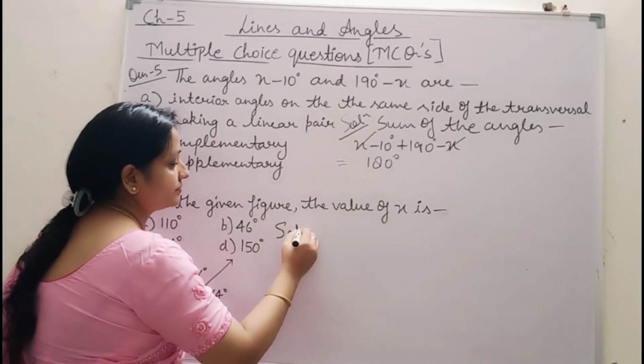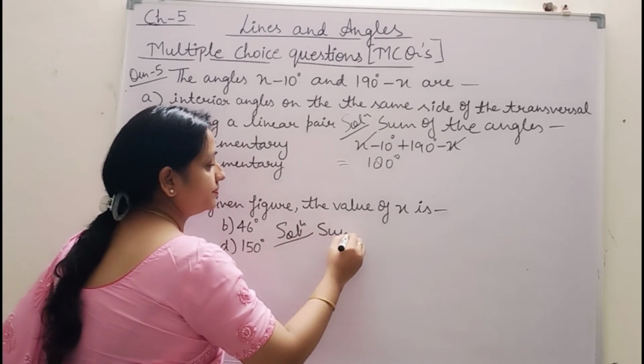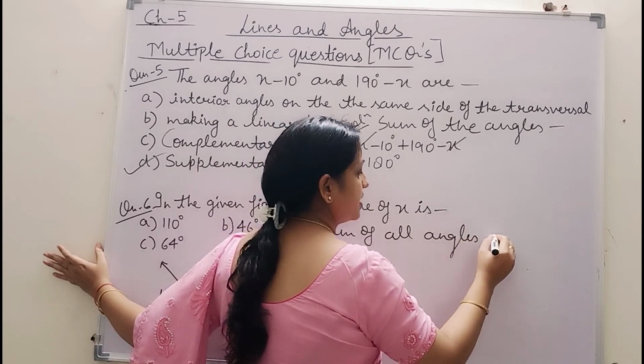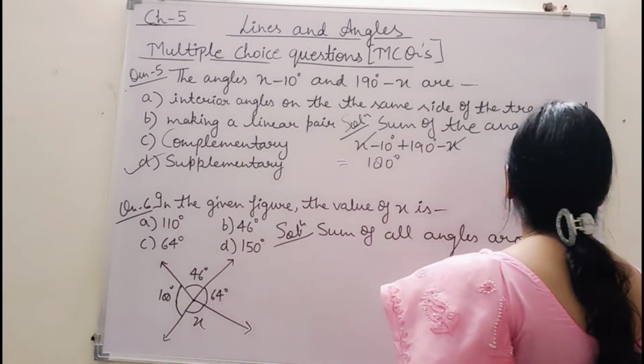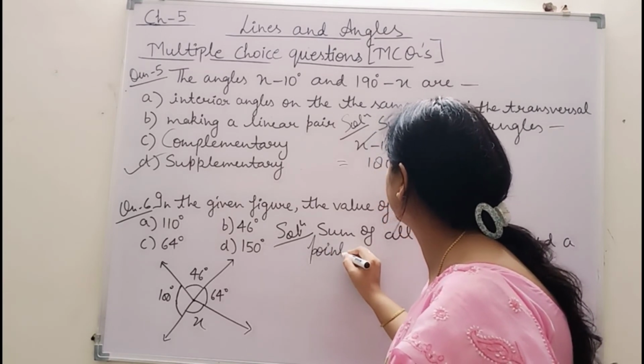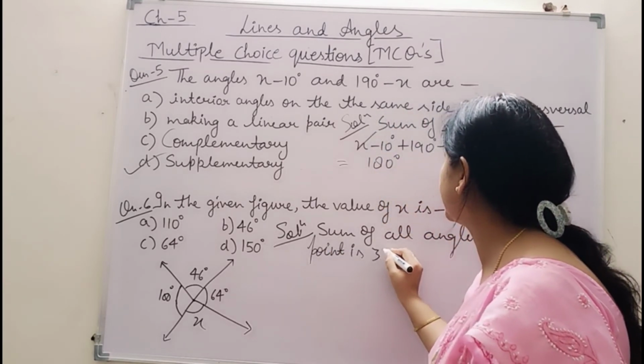So the sum of all angles around a point is 360 degree.